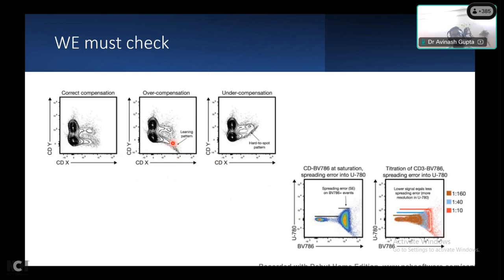So you have to correct it, and then you will see whether your data is properly compensated, overcompensated or undercompensated. Here you can see this population is going upside. If you analyze, you will think this population is positive for this expression, but this is a false positive.